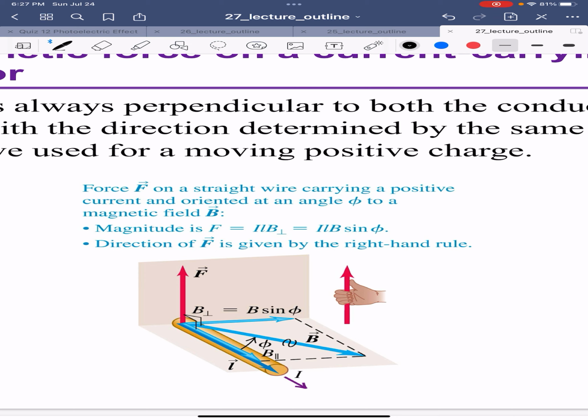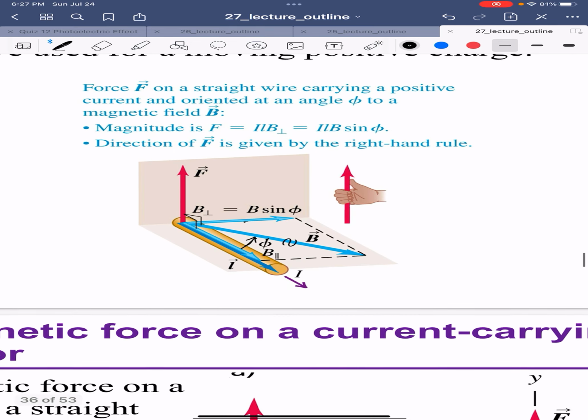We have here L, the direction of L, which is the same direction as I, and we have B, the direction of B here. This is just to find the sine of the angle. And if we make our fingers curl in the direction from L to B, or from I to B, the force is going to be the thumb.